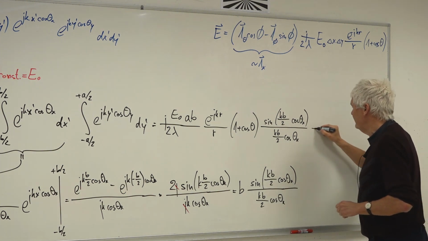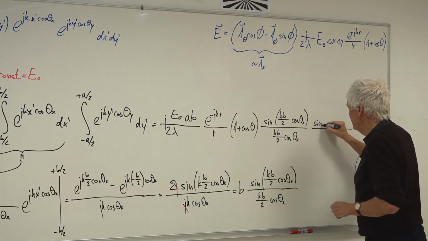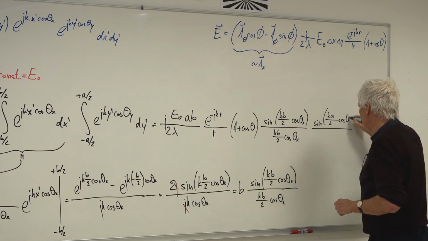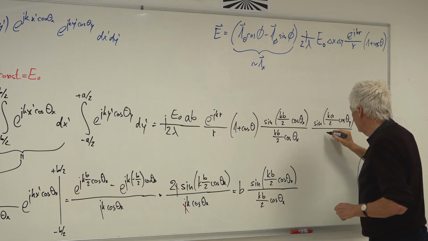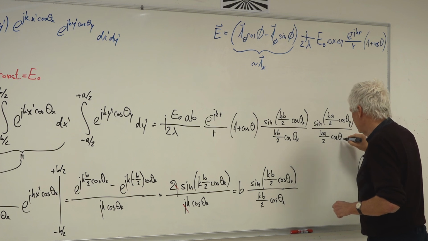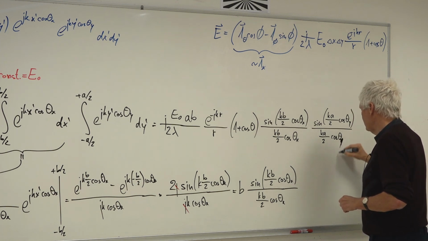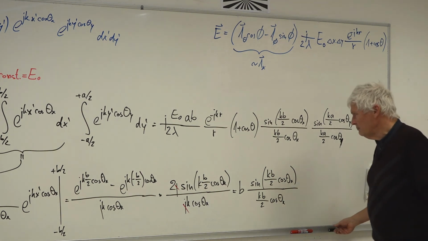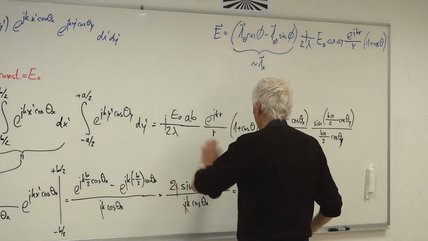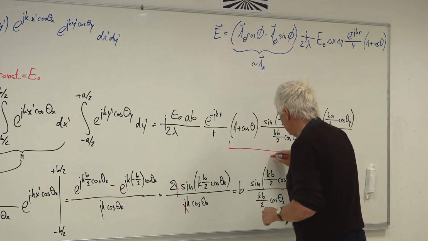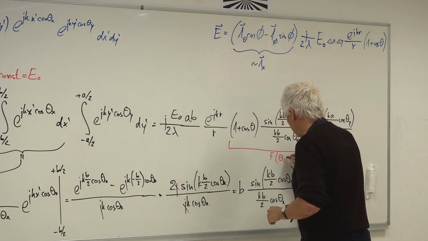And the other function is sine of k a half cosine theta y over k a half cosine theta y. So what is now our radiation pattern here? This is the radiation of our aperture. This is actually our whole radiation pattern, so the radiation pattern of theta and of phi.